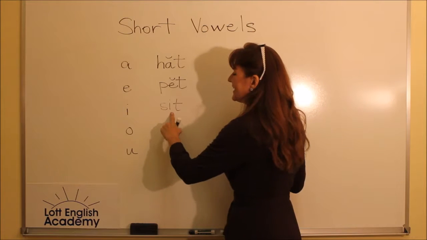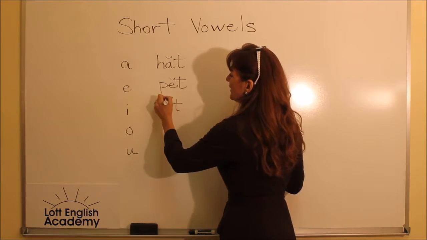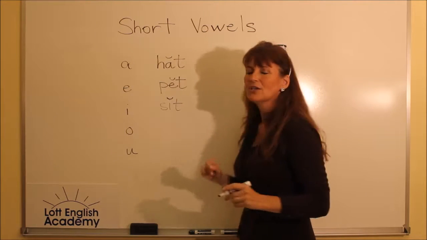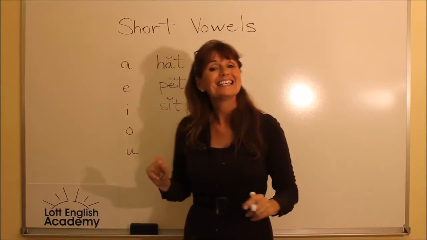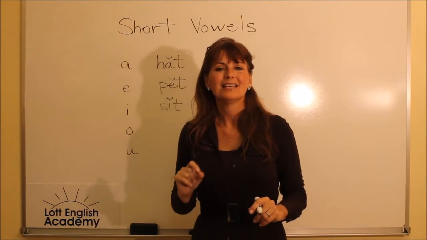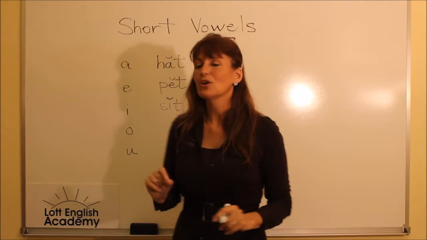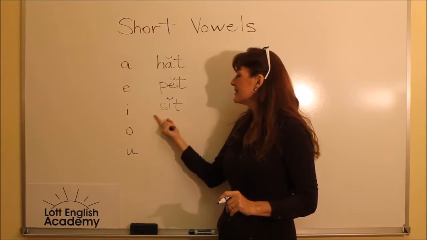This little symbol is just telling us that the sound is the short vowel sound. So this is not saying the letter I. This is saying the sound ih. The word here is sit. Sit.